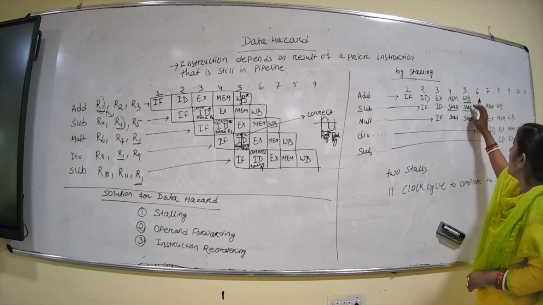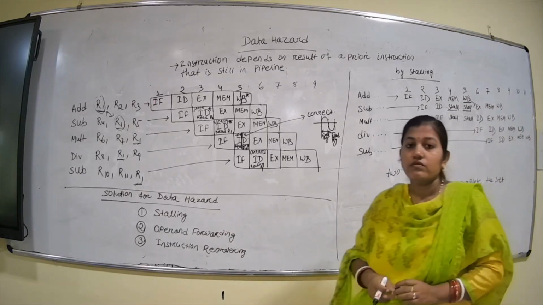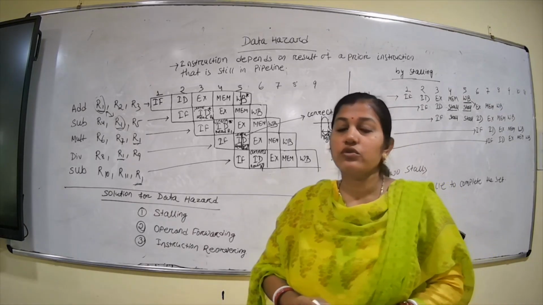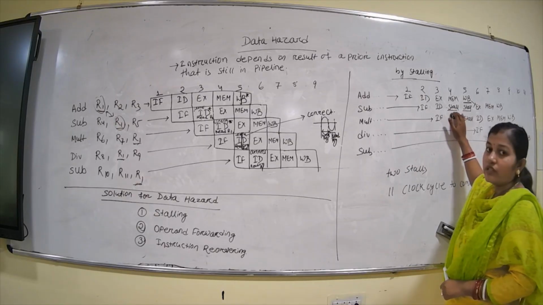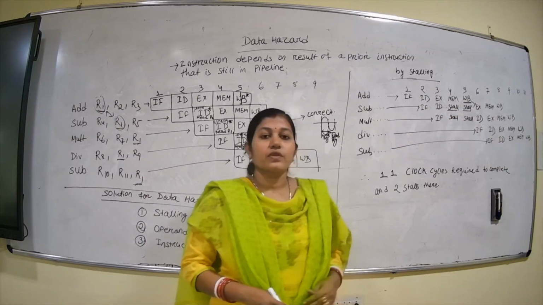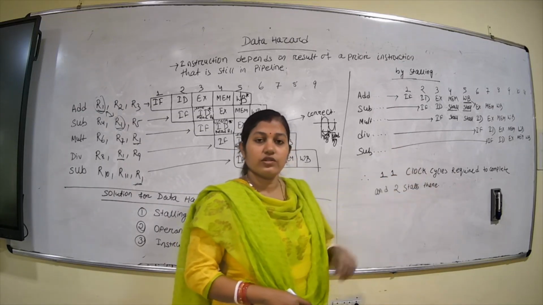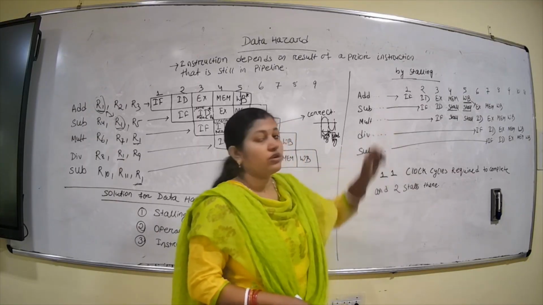So after the write back, you start the execute stage. Why stall? Because if you do the execute here, it will get the wrong value of R1. 11 clock cycles are required to complete the instruction set, with those stalls, if you are using the stalling method.